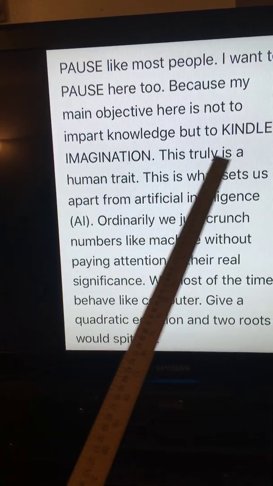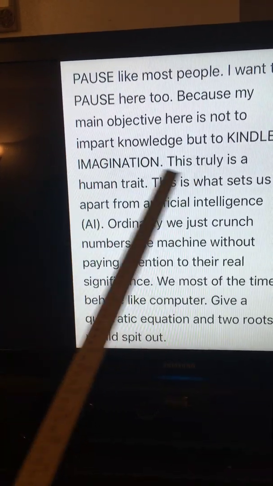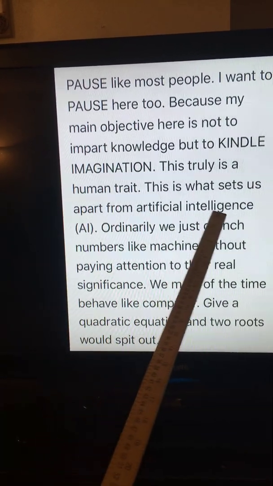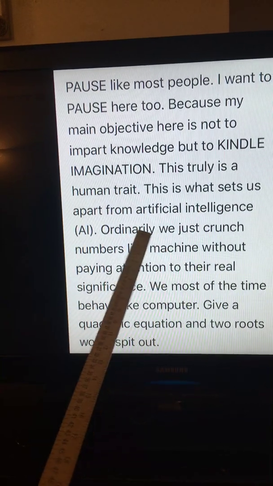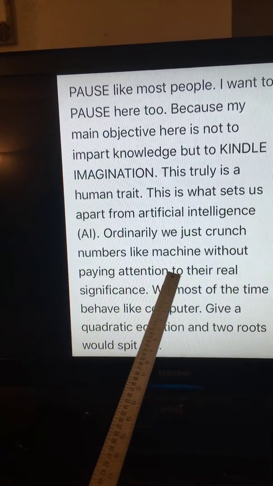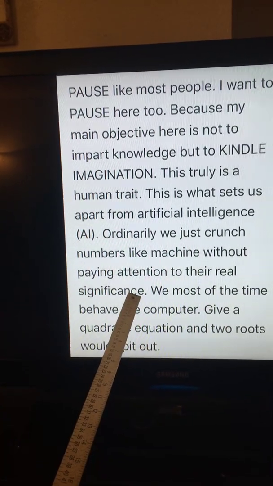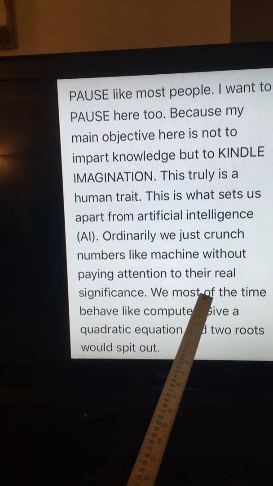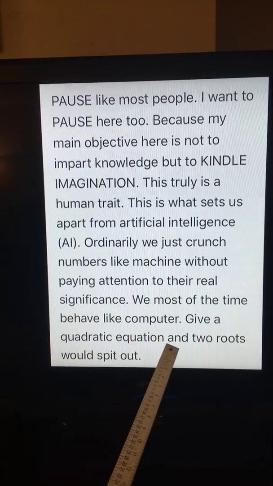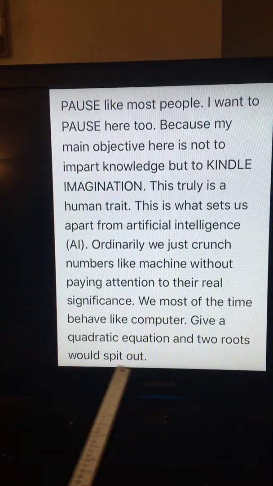This truly is a human trait. This is what sets us apart from artificial intelligence. Ordinarily, we just crunch numbers like a machine without paying attention to their real significance. We most of the time behave like a computer. Give us a quadratic equation and 2 roots would spit out.